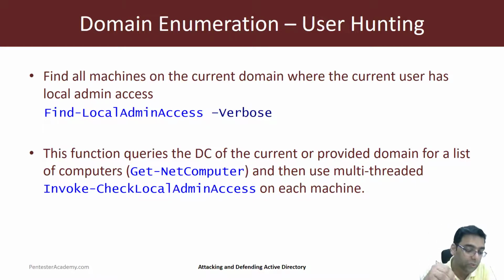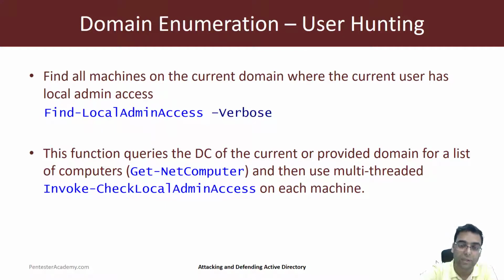Now, what we are going to do onwards in the enumeration part is what we call user hunting. That is, we are going to hunt for specific users or privileges so as to look for opportunities of lateral movement, right? And from now onwards, we would be contacting other machines in the domain as well.